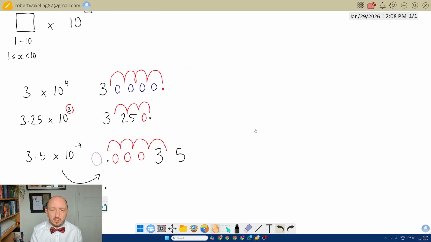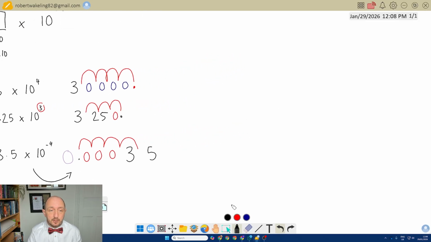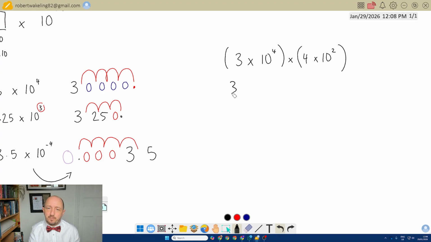Now, in the non-calculator paper also, we might be asked to do some calculations with standard form, something like this, 3 times 10 to the power of 4 times 4 times 10 to the power of 2. Okay, you could turn this into 3 and then 1, 2, 3, 4 and then multiply by 4 times 10 squared. 10 squared is 100, so 400.